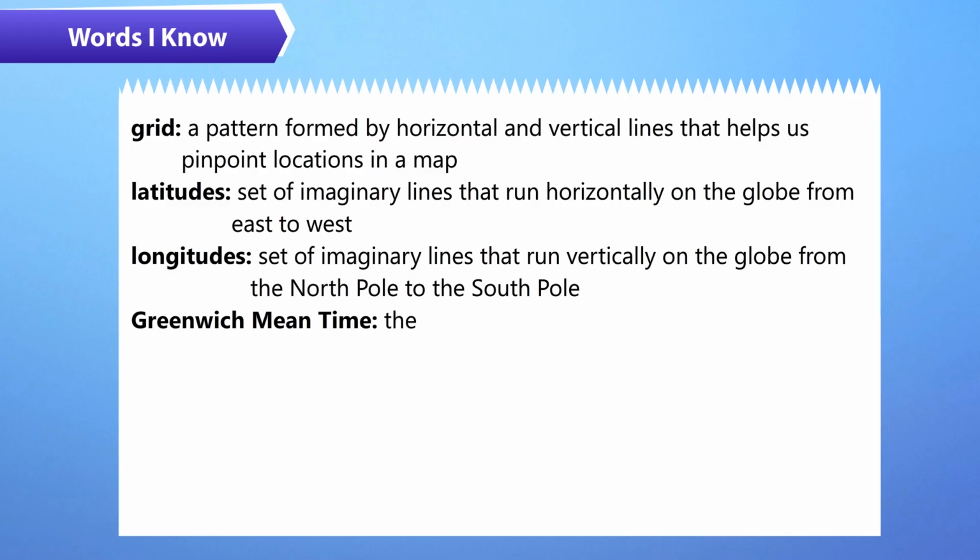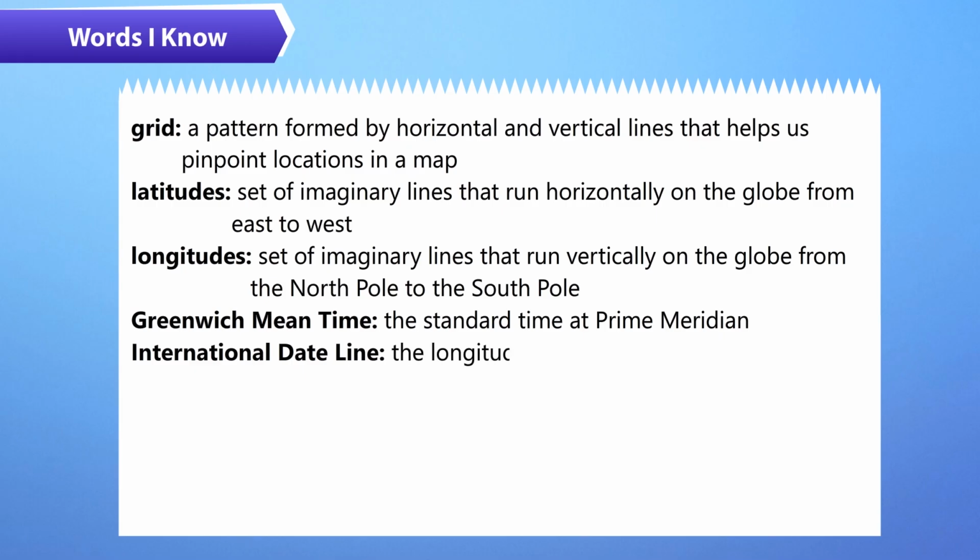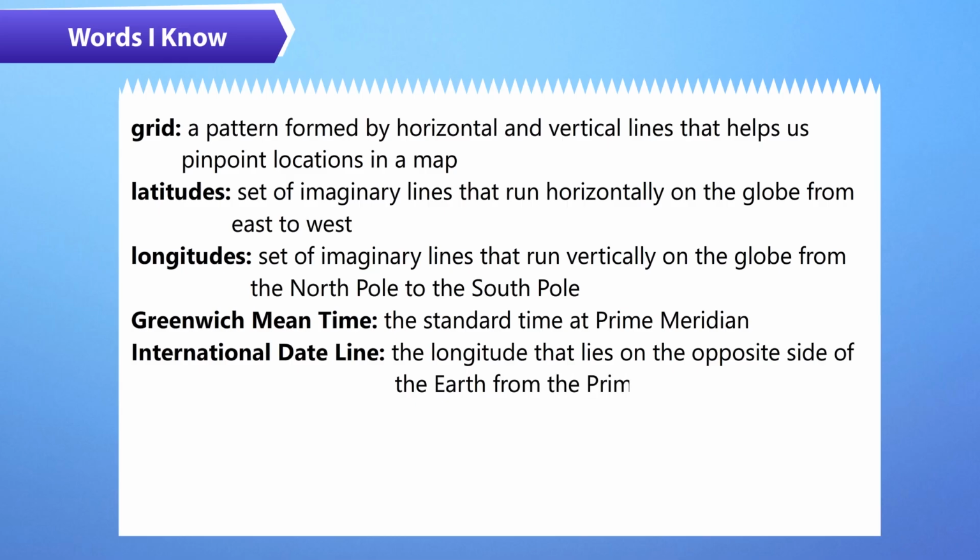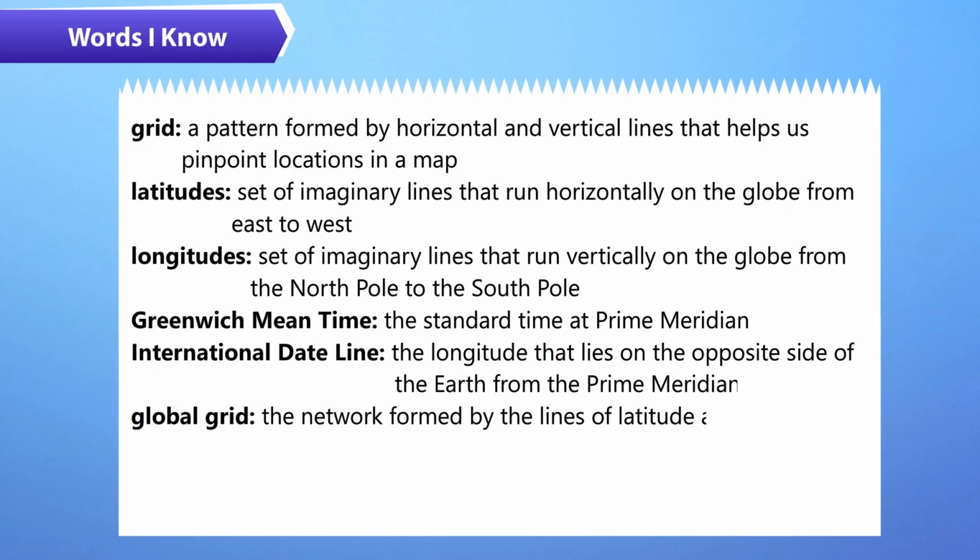Greenwich Mean Time: the standard time at prime meridian. International date line: the longitude that lies on the opposite side of the Earth from the prime meridian. Global grid: the network formed by the lines of latitude and longitude.